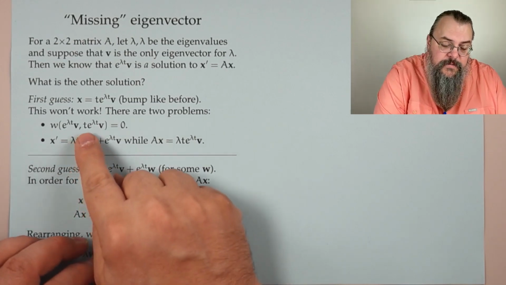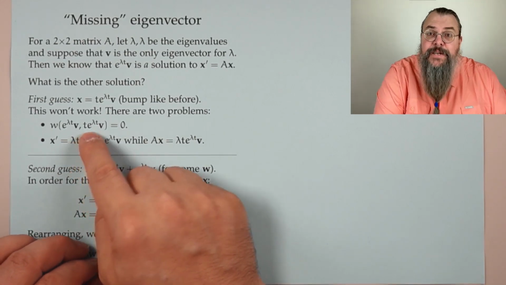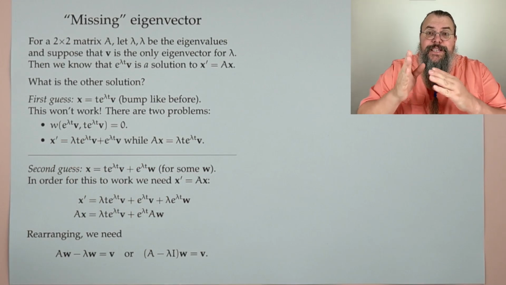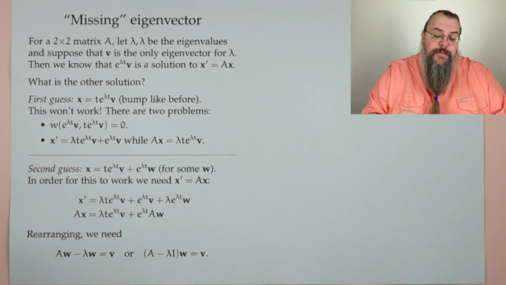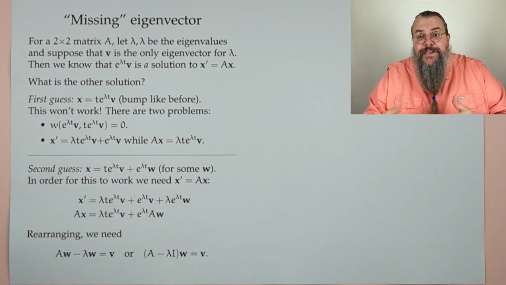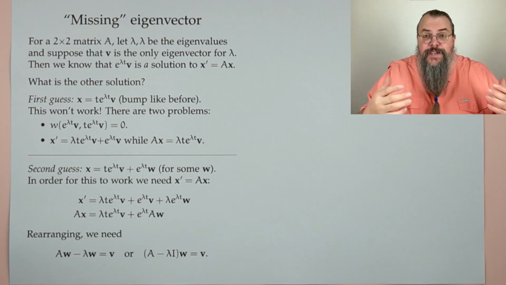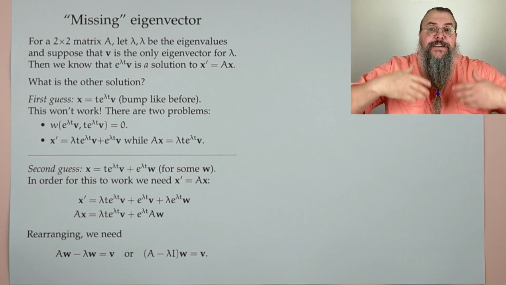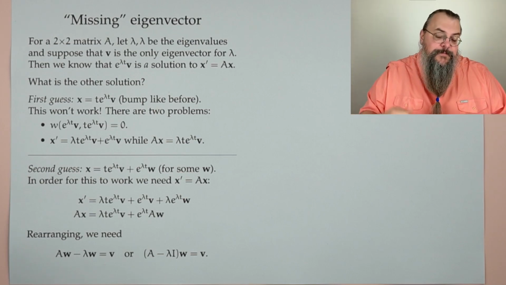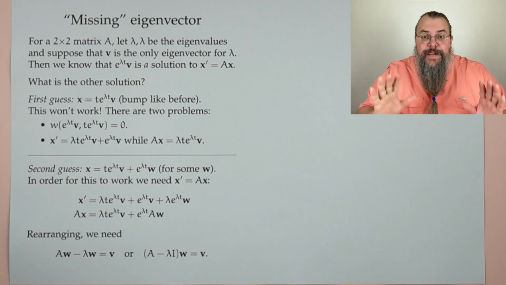Namely, they differ by the scaling factor of t, which means that they're pointing in the same direction. But more importantly, they're not linearly independent, which means the Wronskian will be 0 because they're not fundamentally different.